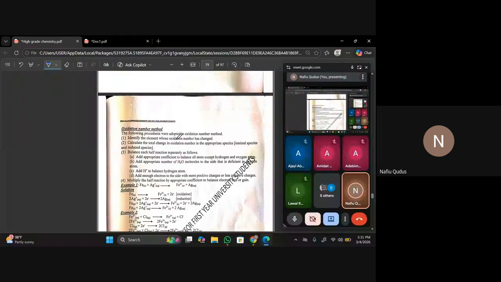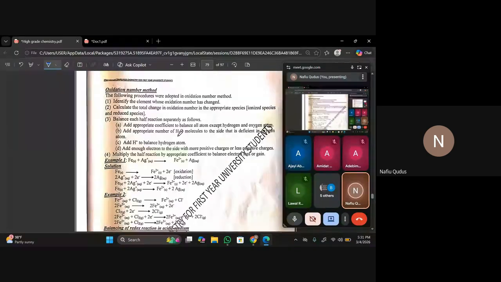So we need to follow the below procedure. The following procedure is adopted in the oxidation number method. We can write it down. Number one, we identify the elements.